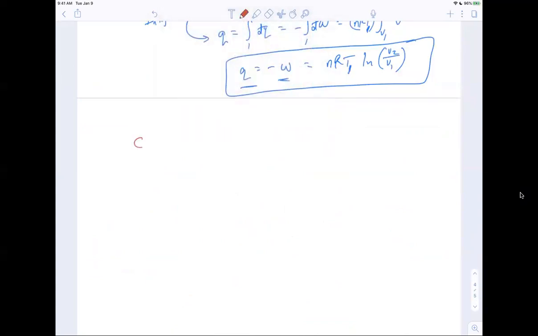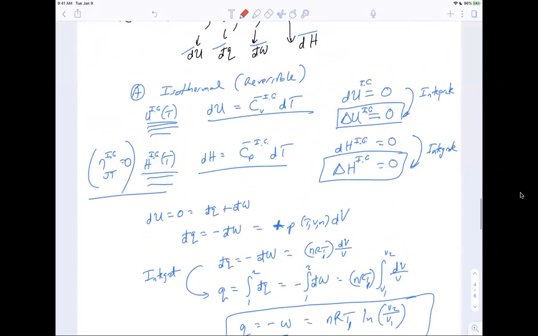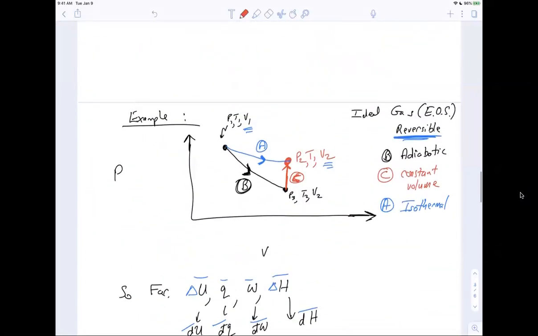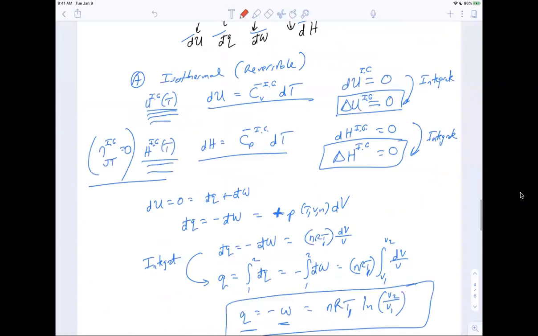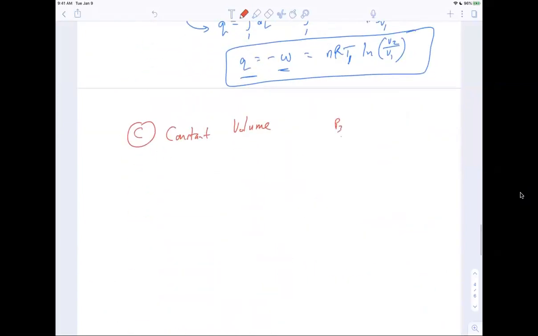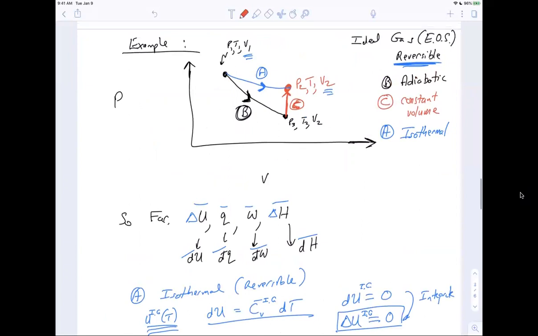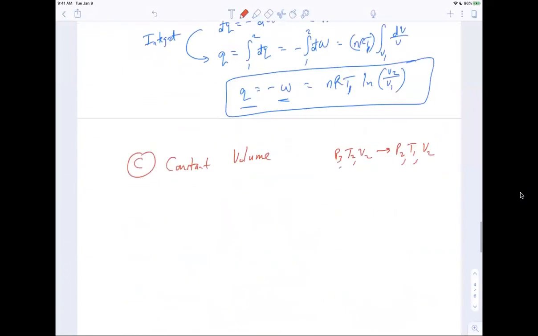So this is process C, which is constant volume. And for this constant volume process, we're going to go from P3, T2, V2 to P2, T1, V2. Okay, so P2, T1, V2, that's the process.